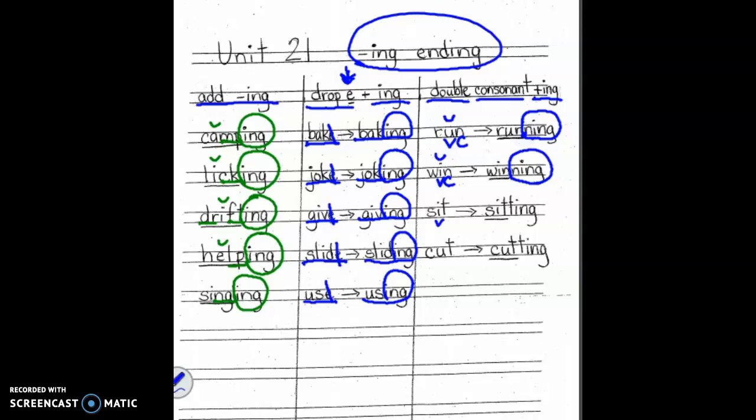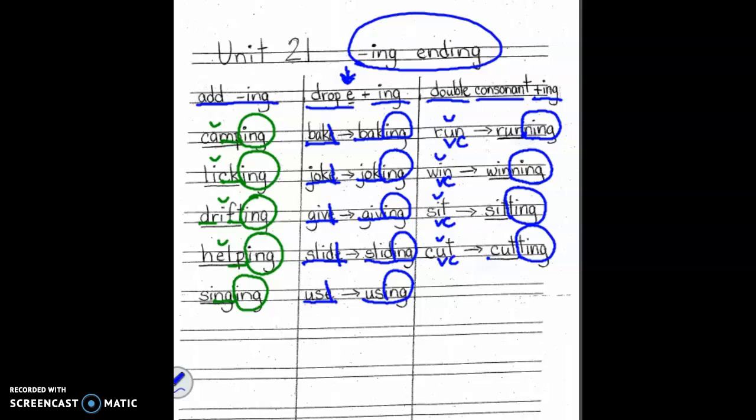Sit is another closed syllable with a short vowel. That's when we add another T and add ing, sitting. And cut, vowel, consonant, here's another closed syllable, and we add the other T before adding ing.